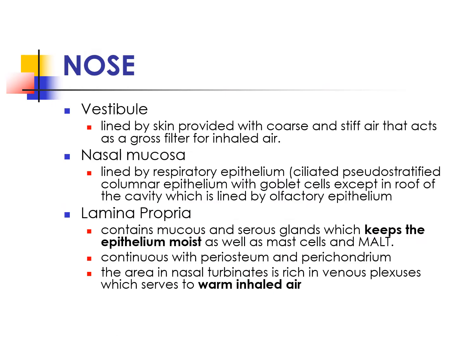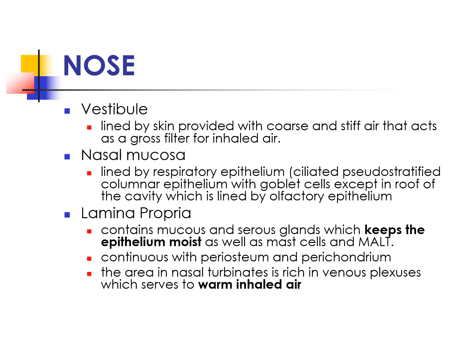Under the nose pa din, vestibule. Ano yung vestibule? Vestibule is a space or cavity lined by skin provided with coarse and stiff hair that acts as a gross filter for inhaled air. Yung nasal mucosa naman, it is lined by the respiratory epithelium. Anong type ng tissue? We have the ciliated pseudostratified columnar epithelium with goblet cells.